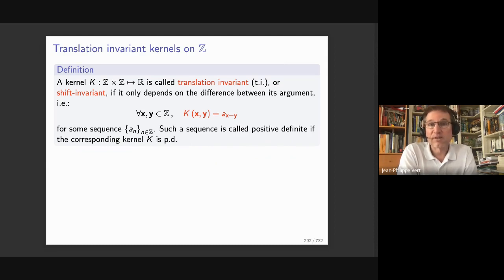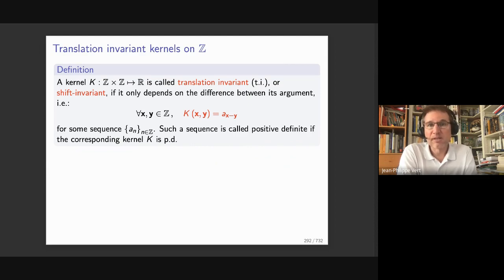And so we will say that the kernel is translation invariant if and only if the value of the kernel between two integers only depends on the difference between the integers. Like you would say the kernel between 5 and 12 would only depend on the difference between 5 and 12, which is 7. It would be a function of 7.